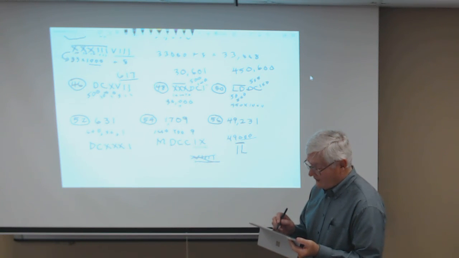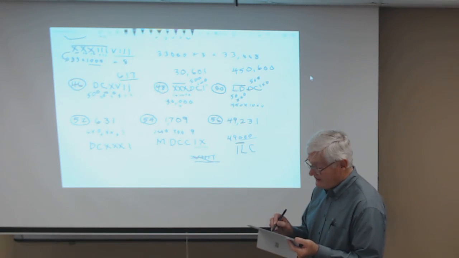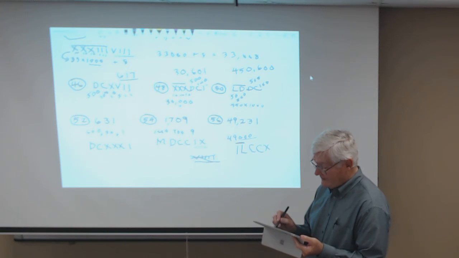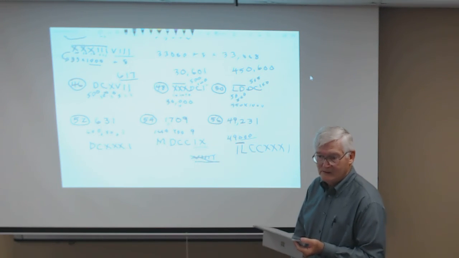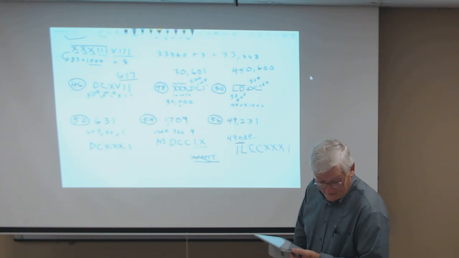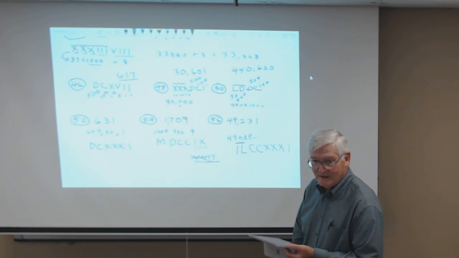So 49,200, how would we say 200? CC, and 31. 10, 20, 31. You feel powerful? Stop when you get to 55. That's enough of this stuff.